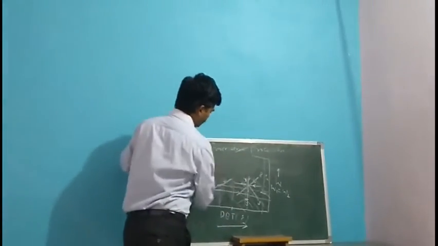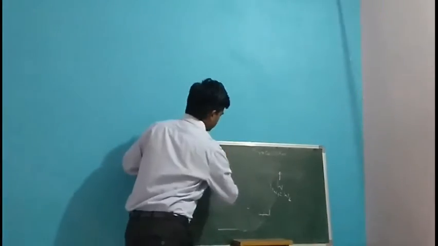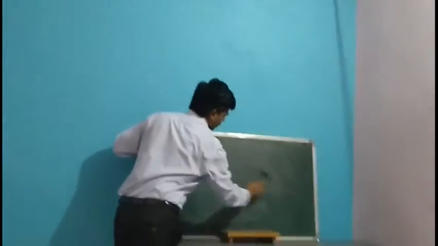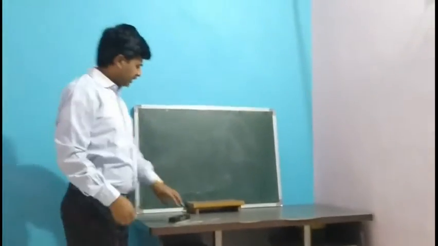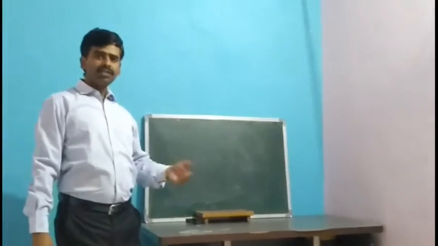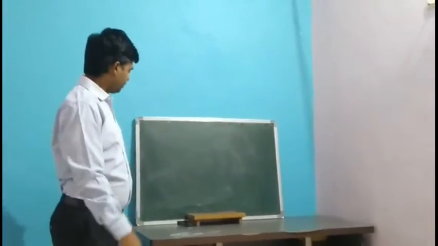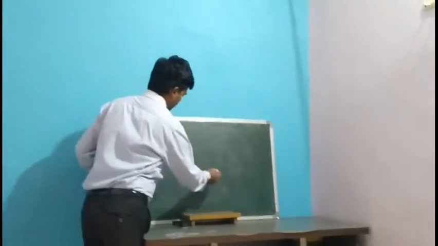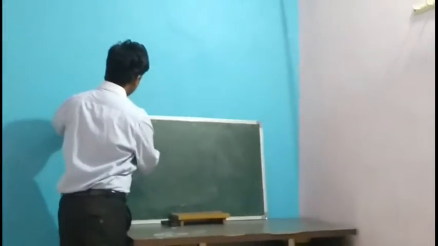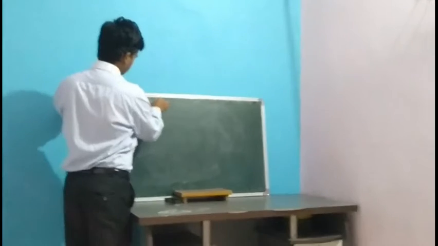Now the important part: how to analyze these different processes and how to solve the numericals based on the different processes. For example, I am considering the sensible heating process.